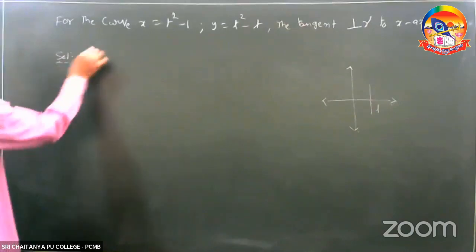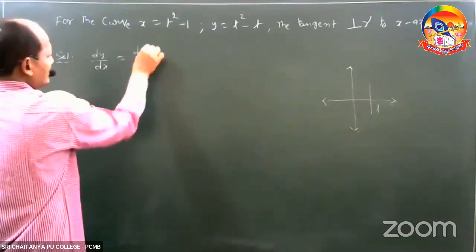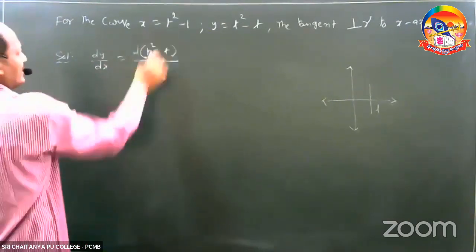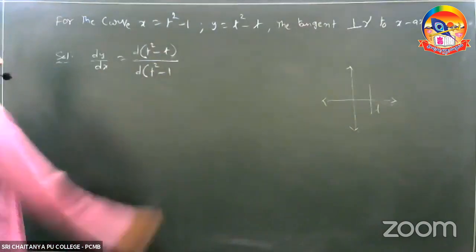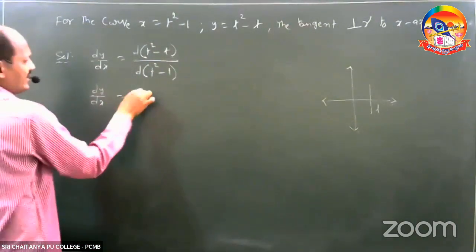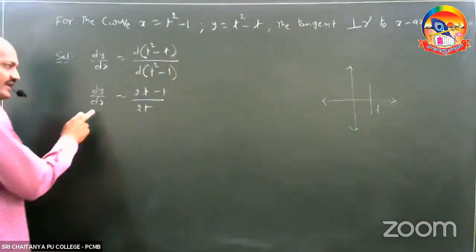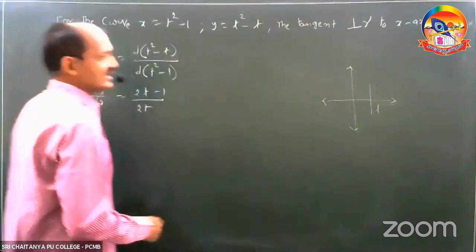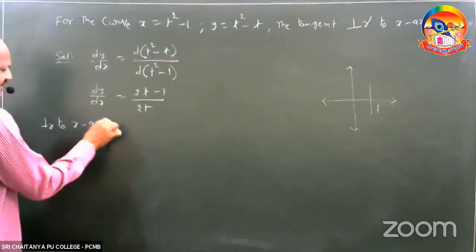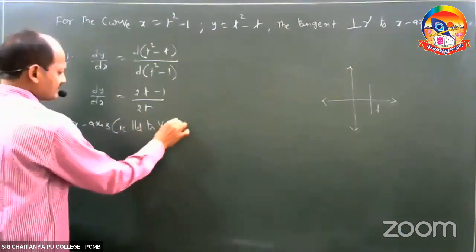So dy by dx is the derivative of y, t square minus t, divided by the derivative of x, that is t square minus 1. So dy by dx is equal to 2t minus 1 divided by 2t. It is perpendicular to x-axis, that is parallel to y-axis.